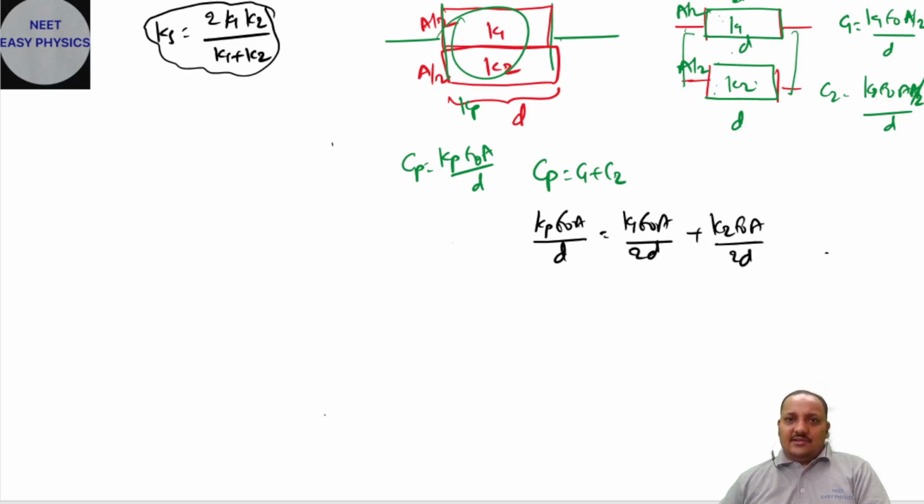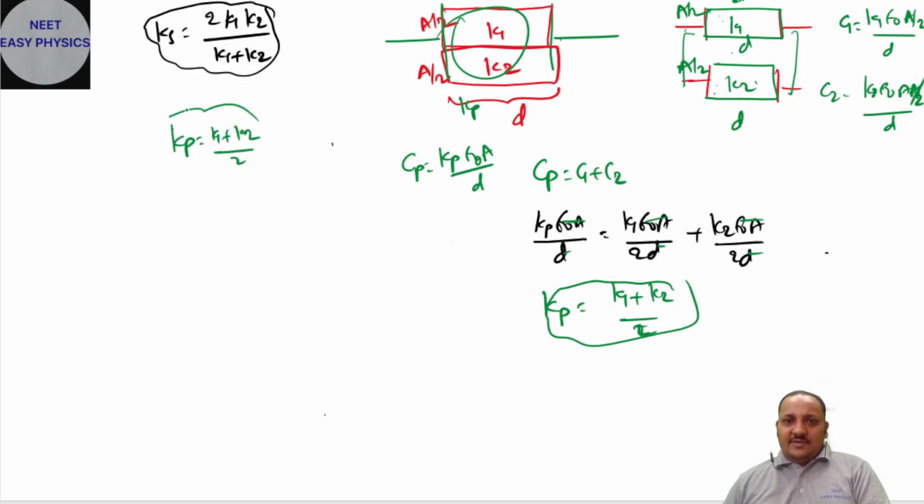If you cancel epsilon naught A by D, therefore Kp is equal to K1 plus K2 by 2. The same thing we got in average velocity also. You will get this formula many times, a similar equation, isn't it?